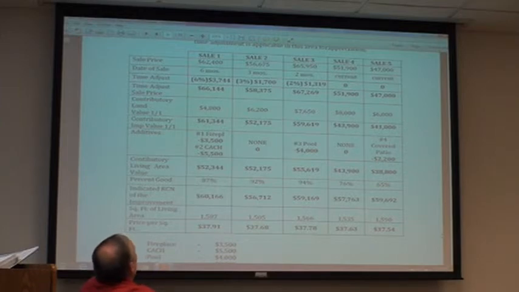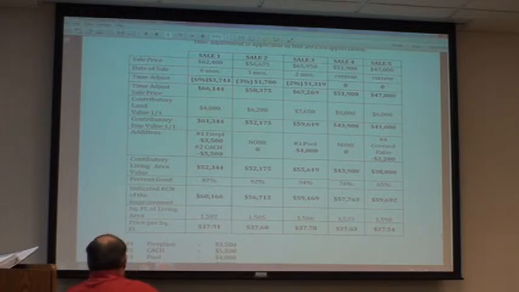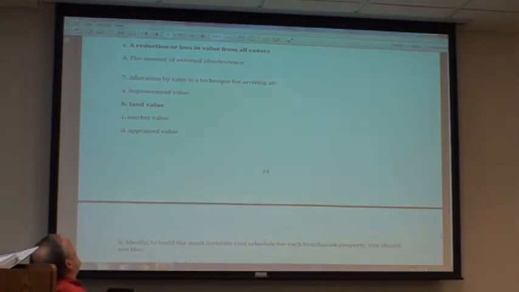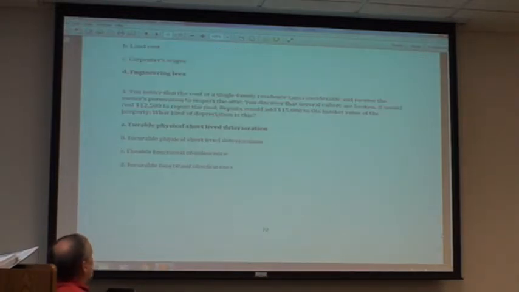And so our indicated RC and other improvements is 60,166, 56,712, 59,169, 57,763. Oh, whoa, that's not what it was. That could be a technician error, I think. They don't get the same money.